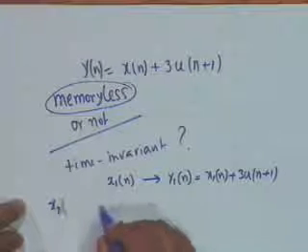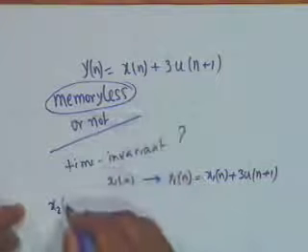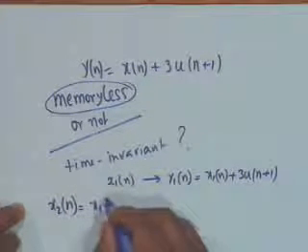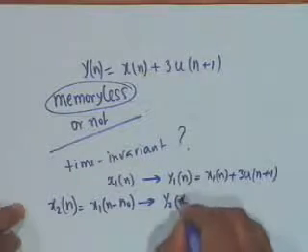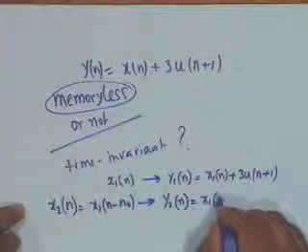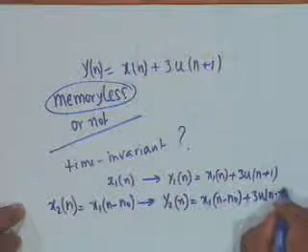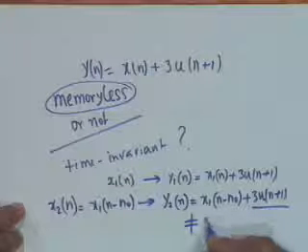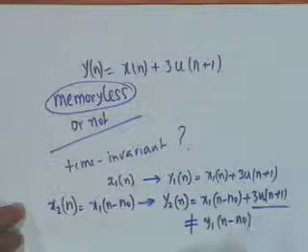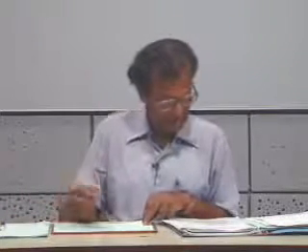Now if you delay x1 by an arbitrary integer, let's say n0, x2[n] equal to x1[n minus n0], this leads to y2[n], which is equal to x1[n minus n0] plus 3u[n+1]. This does not change, and this is not equal to y1[n minus n0], and therefore the system is time varying. Alright?